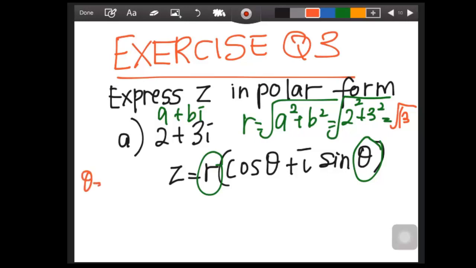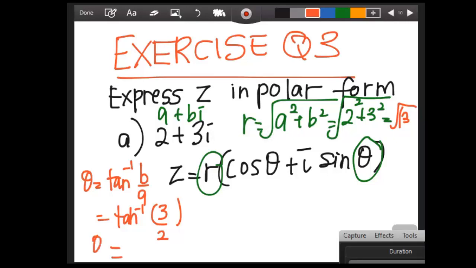So, kita akan cari theta. Shift tangent b per a. Okay. Shift tangent untuk 3 per 2 adalah berapa? Okay. So, shift tan 3 per 2 dapat berapa theta dia? Okay, dapat 56.31.